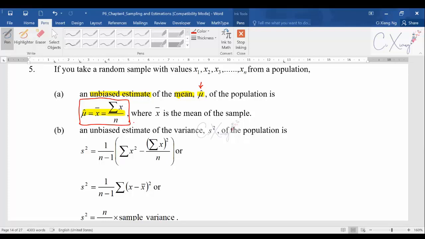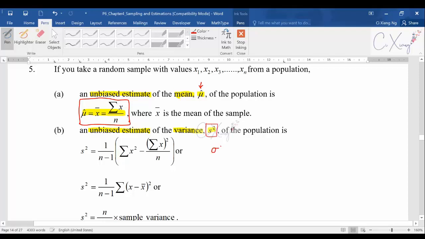So the same thing happens here. When you want to estimate it, you also use the original value, summation x divided by n. The other part is the unbiased estimate of the variance. In the A-level syllabus, the symbol for the unbiased estimate of variance is S square.